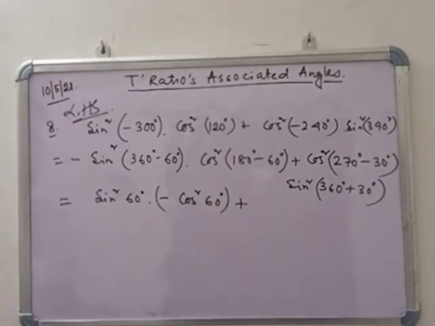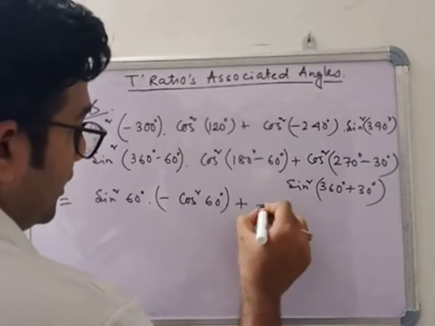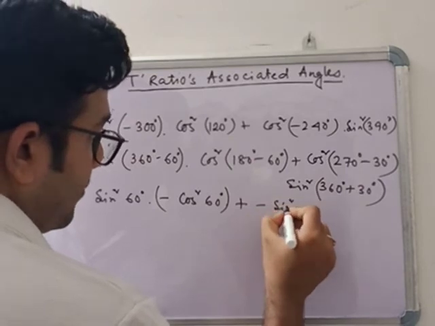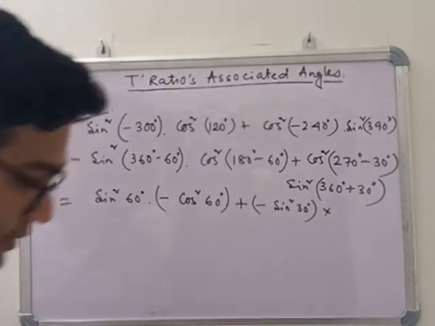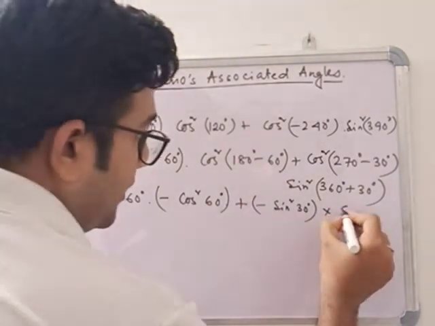Plus cos square 270 degree minus 30 degree. So cos square 270, you have to change because of odd, that means minus sine square 30 degree. And this is sine square 30 degree.